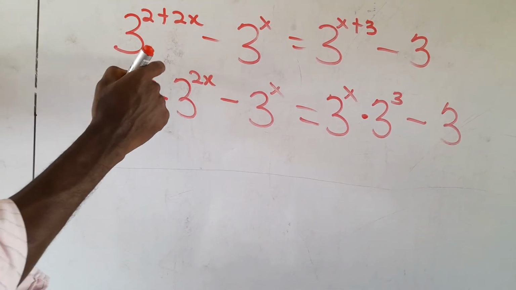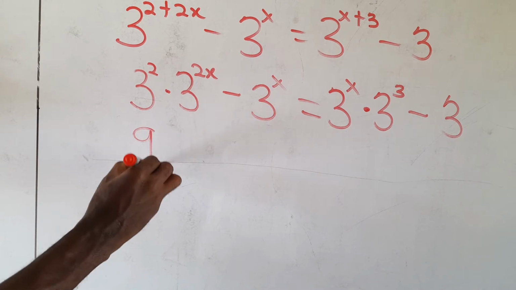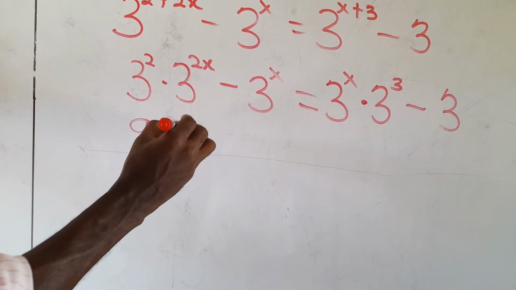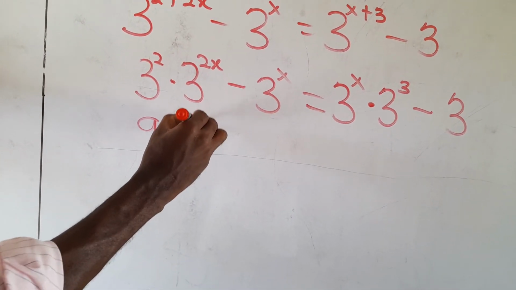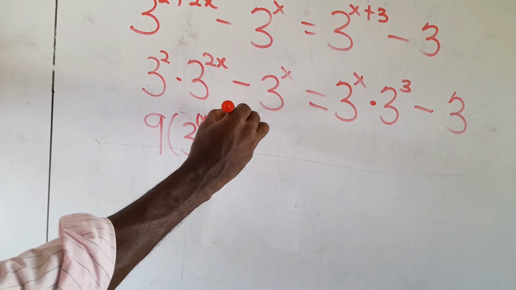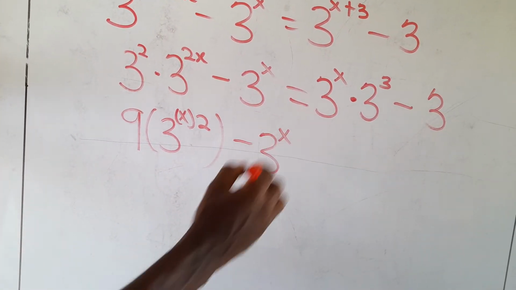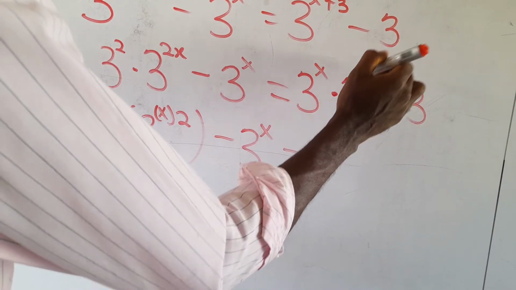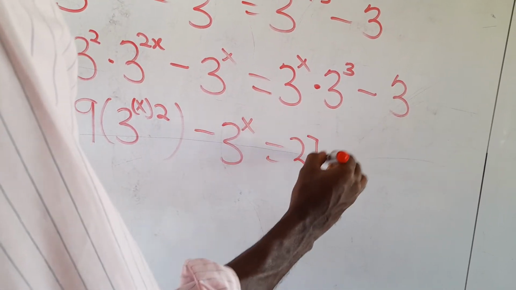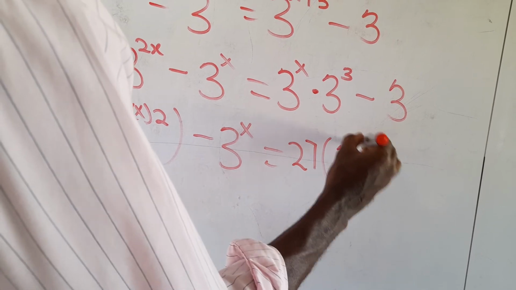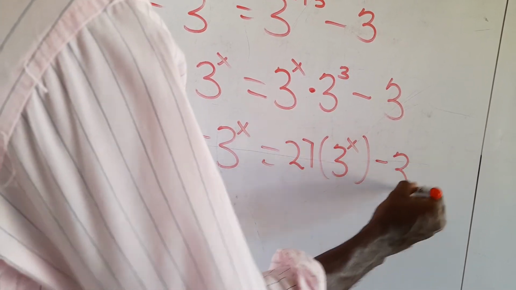So 3 exponent 2 is 9. We have 9, 3 exponent x times 2, you can rewrite that, minus 3 exponent x will be equal to 3 exponent 3 which is 27. So you can say 27 bracket 3 exponent x minus 3.